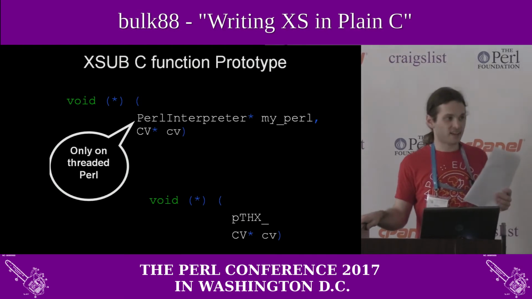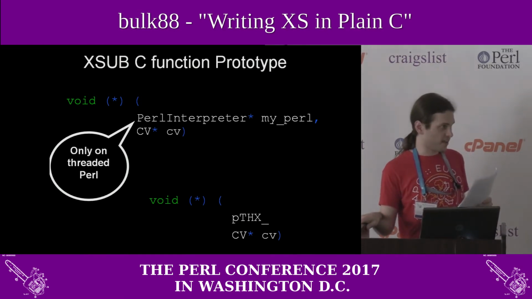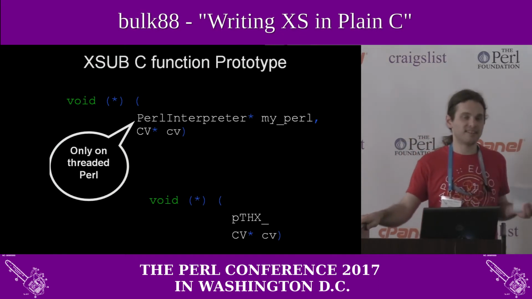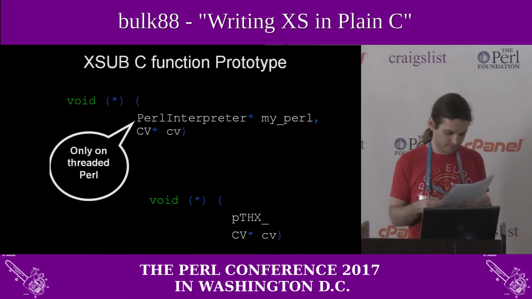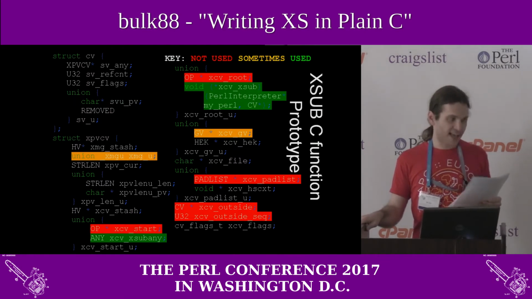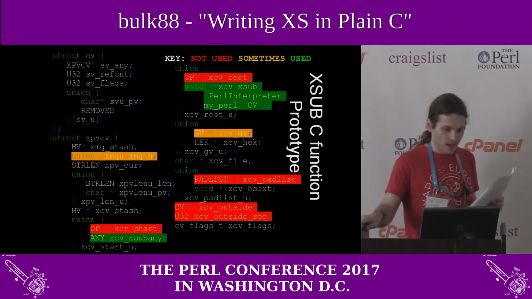Both threaded and unthreaded Perls will take a CV pointer as the second argument, and this is the subroutine on the C side of the Perl engine that represents a sub. This is the layout of that CV pointer that is the second argument to your XSub.